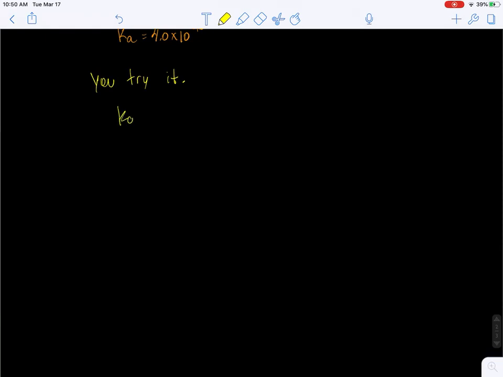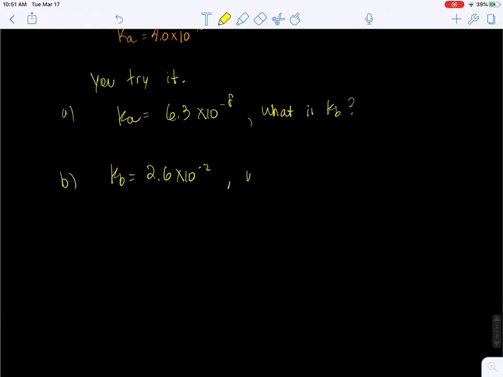If the Ka is 6.3 times 10 to the minus 8, what is Kb? Okay, here's another practice problem. If the Kb is equal to 2.6 times 10 to the minus 2, what is the Ka? Okay, enter those on your worksheet, and I'll assume that you know how to do this type of problem.